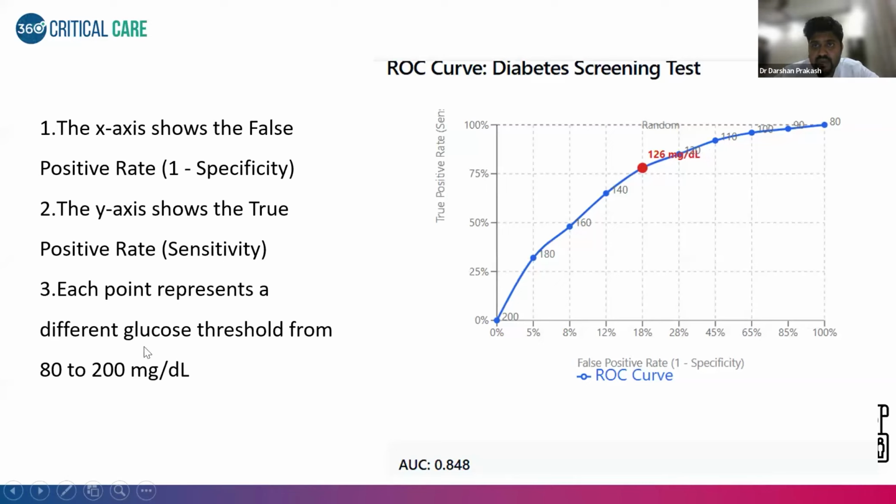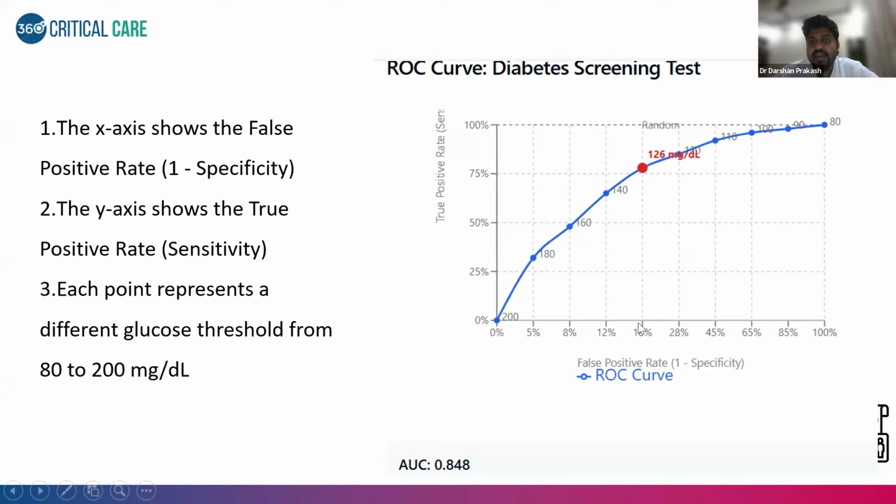For example, here we have chosen 126 as the optimal threshold at which we say that the patient is diabetic, right? If we choose 126 as the optimal threshold, what is the sensitivity we have? Sensitivity is roughly more than 75%, and the false positive rate is as low as 18%.